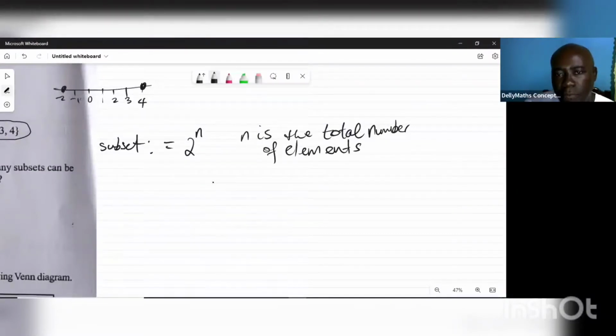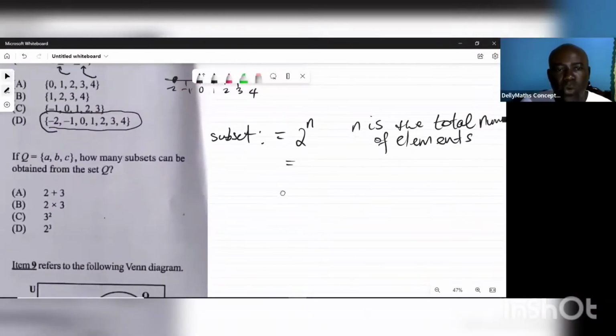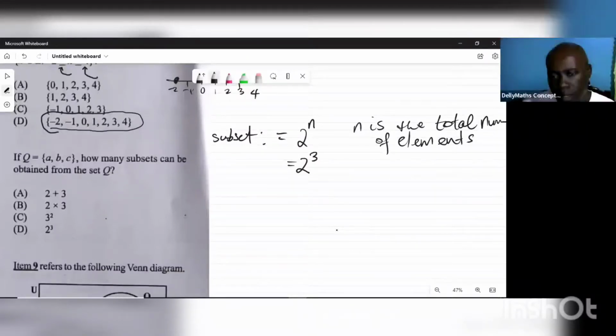Please note this. If I see a set with 3 members, A, B, C, the number of subsets we could get out is 2 to the third. 2 to the third gives you 2 times 2 times 2, which is 8. They can ask you if the answer is 8, or they could ask you in that format.